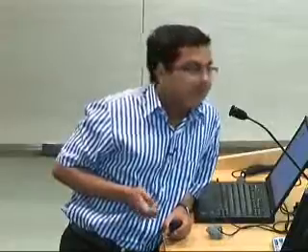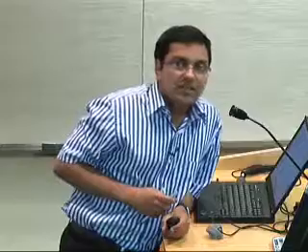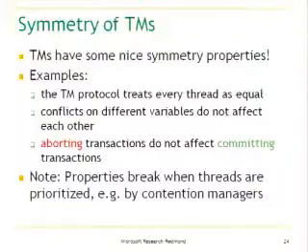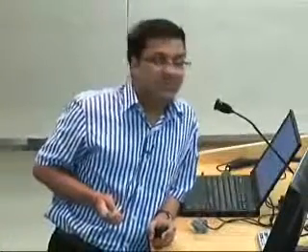The next step is that we have proved the correctness for n threads and k variables, and we want to generalize our claim to any number of threads and any number of variables. What we did here is we manually proved that TMs have some symmetry properties. For example, the TM protocol treats every thread as equal. If you look at the protocol of the TM, that is a transition relation, you would figure out that the protocol is identical for all the threads in the TM.